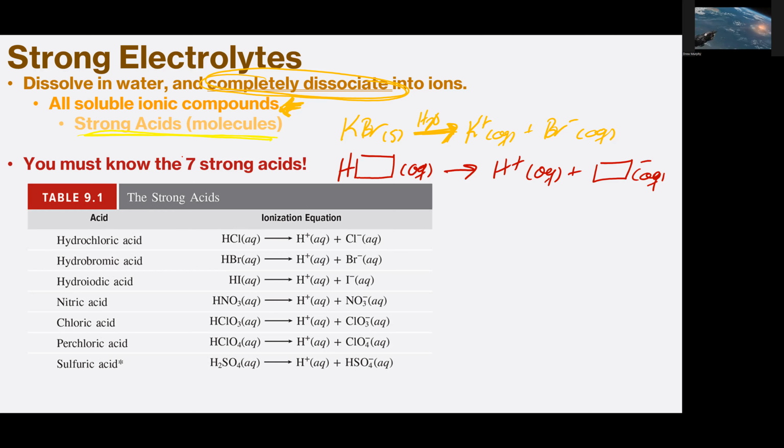There are tons of things that do this, but only 7 of them can we consider to be strong, and we have to know these so we can pick them out. They are hydrochloric, hydrobromic, hydroiodic, nitric, chloric, perchloric, and sulfuric. I made a little note here. Remember, sulfuric has 2 ionizable hydrogens, H2SO4. Only the first is strong.